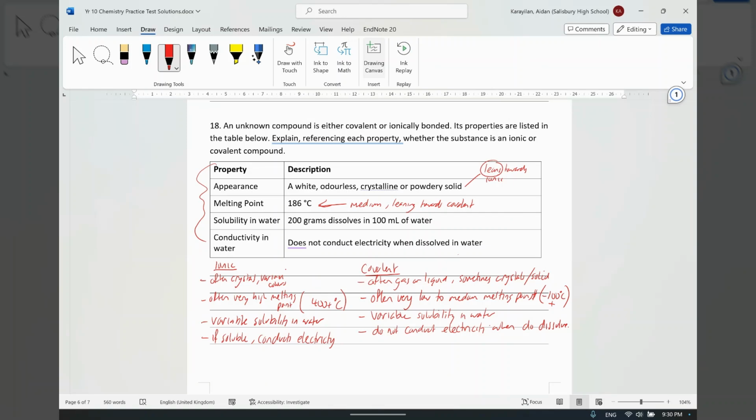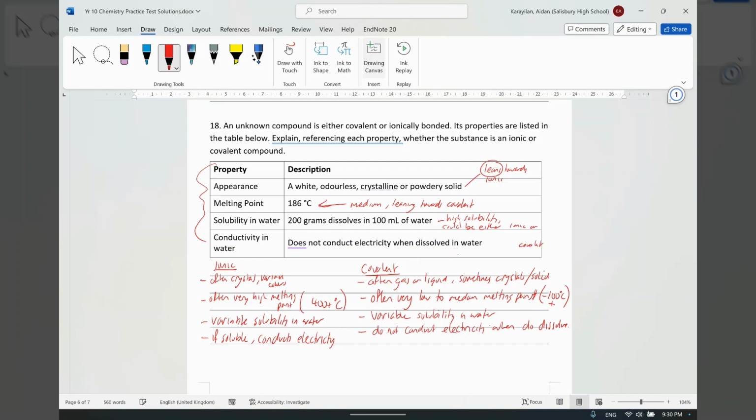That is quite a lot. I should probably double check that it's true for this substance. But either way, that's very soluble in water. So high solubility could be either ionic or covalent.